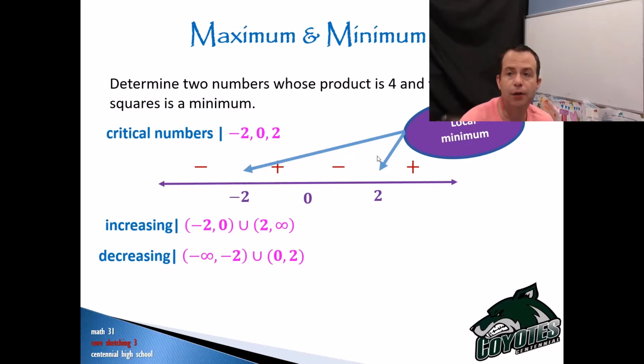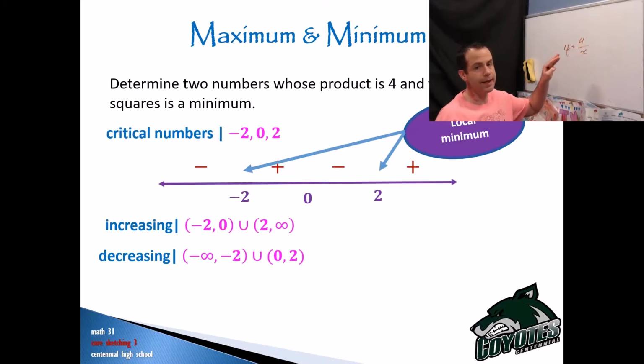If I go back to that y equals 4 over x, I'm just going to write that over here for you for a second. y equals 4 over x. Okay, if I plugged in negative 2, I would get out 4 divided by negative 2, which is negative 2.